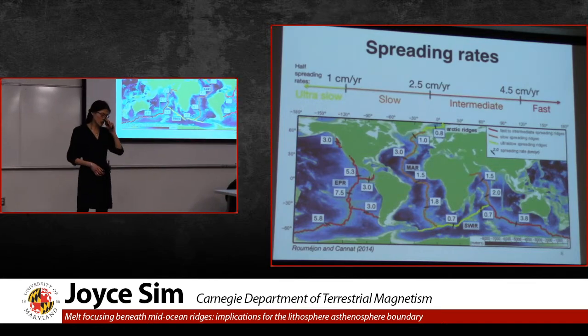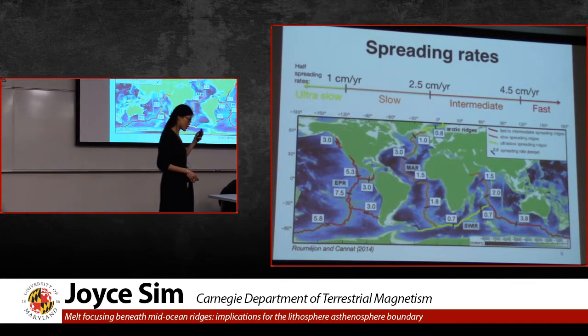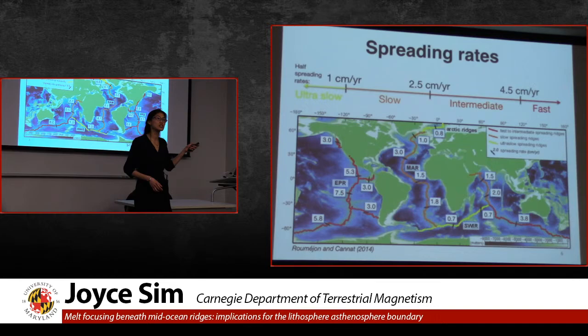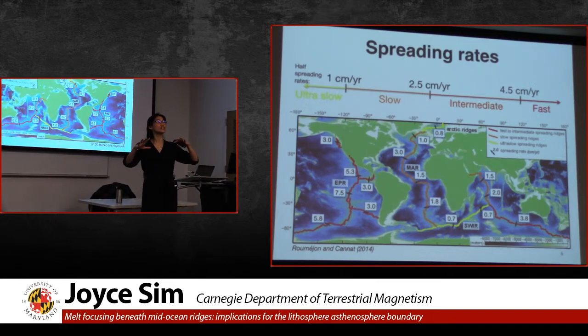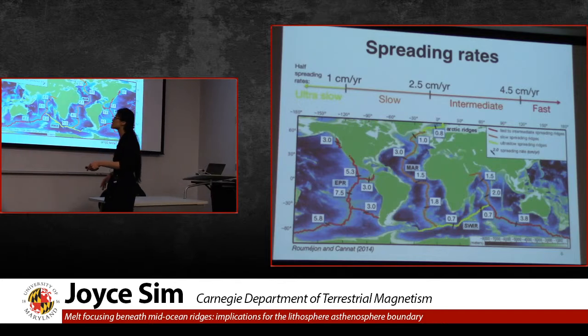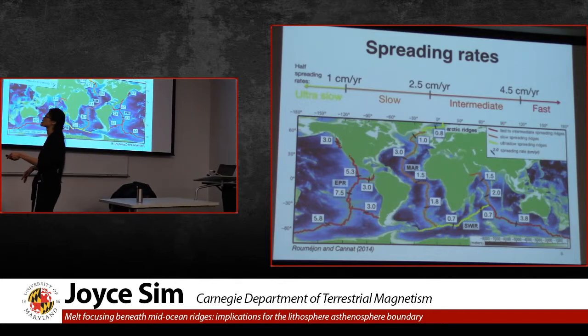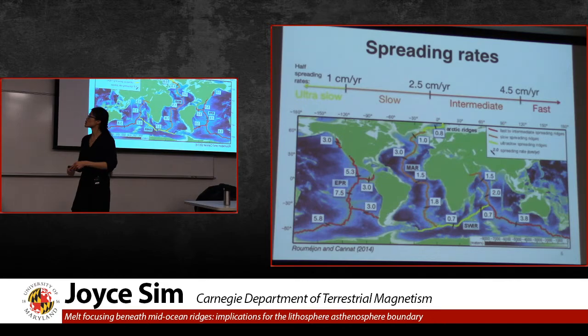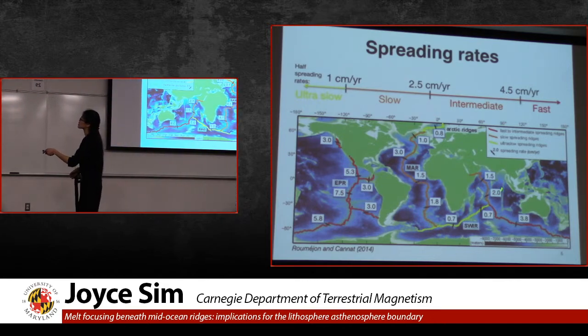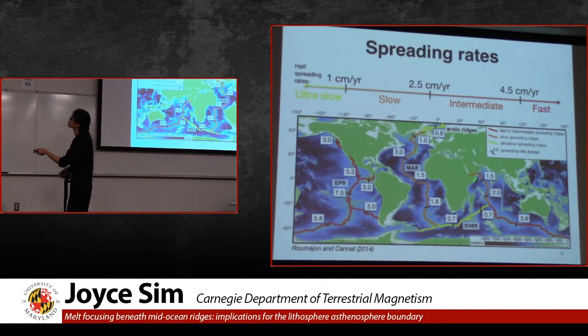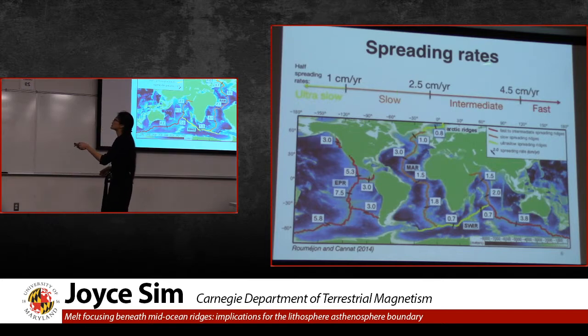One of the characterizations of mid-ocean ridges is that since plate boundaries move at very different rates, you expect that mid-ocean ridges spread at very different rates. So here I'm showing the half spreading rates at all these mid-ocean ridges. And people tend to categorize them as ultra slow, slow, intermediate and fast.